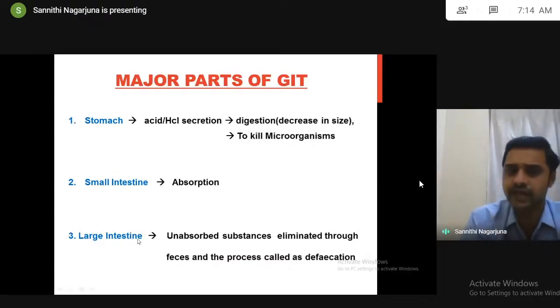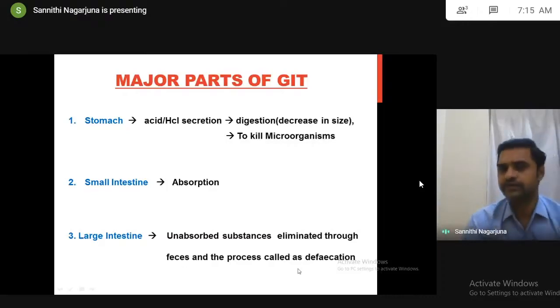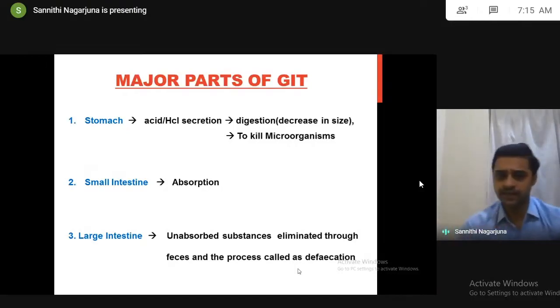And third one is the large intestine, where all unabsorbed substances, which are not absorbed, are eliminated through the stools or the fecal matter, and this process is called defecation.